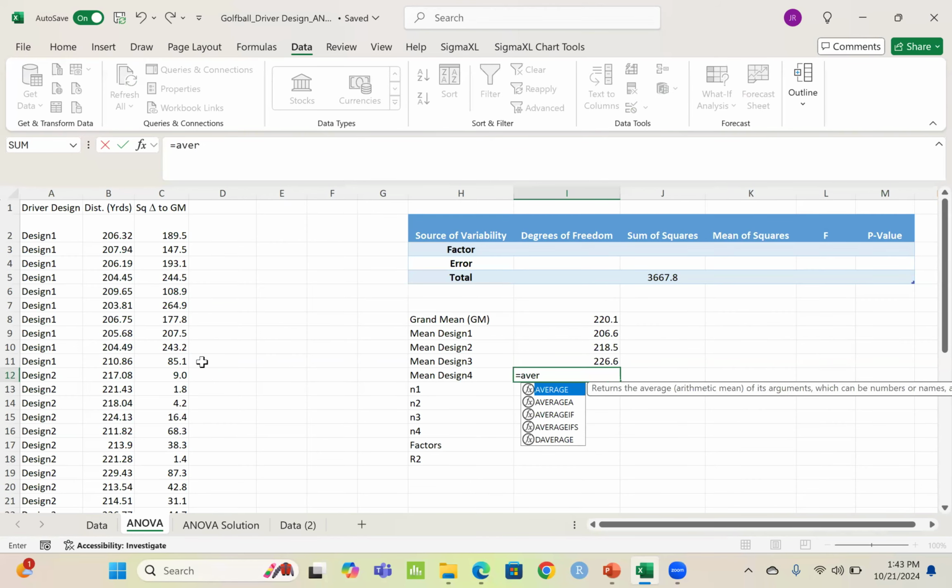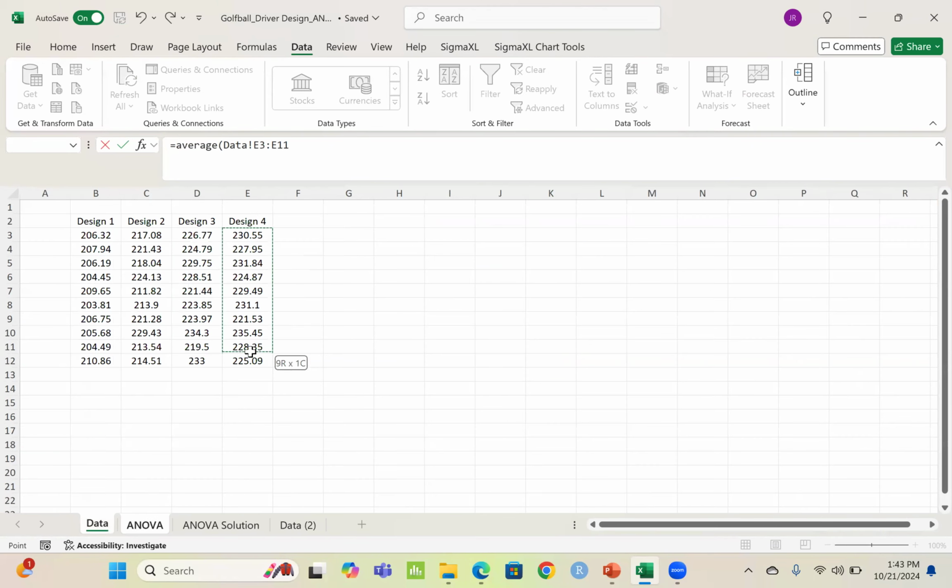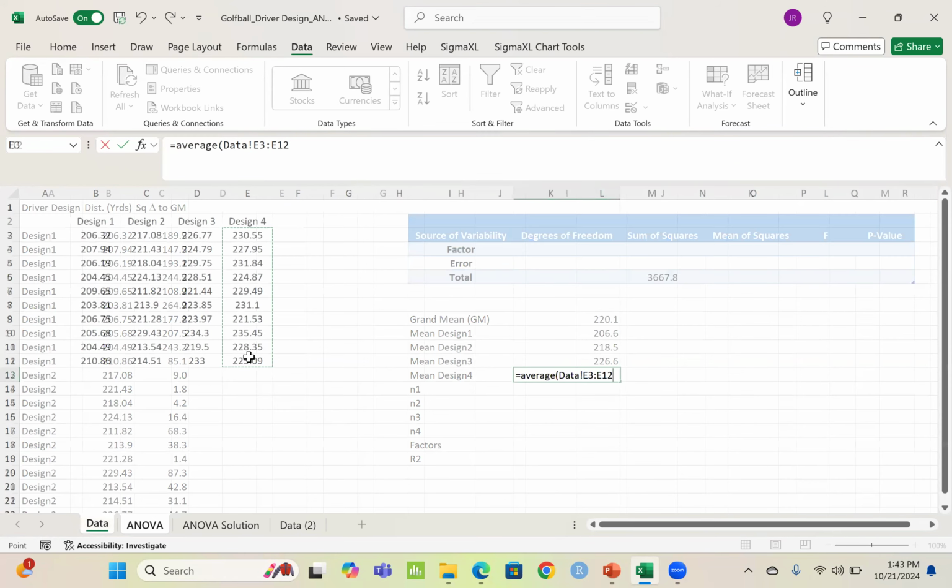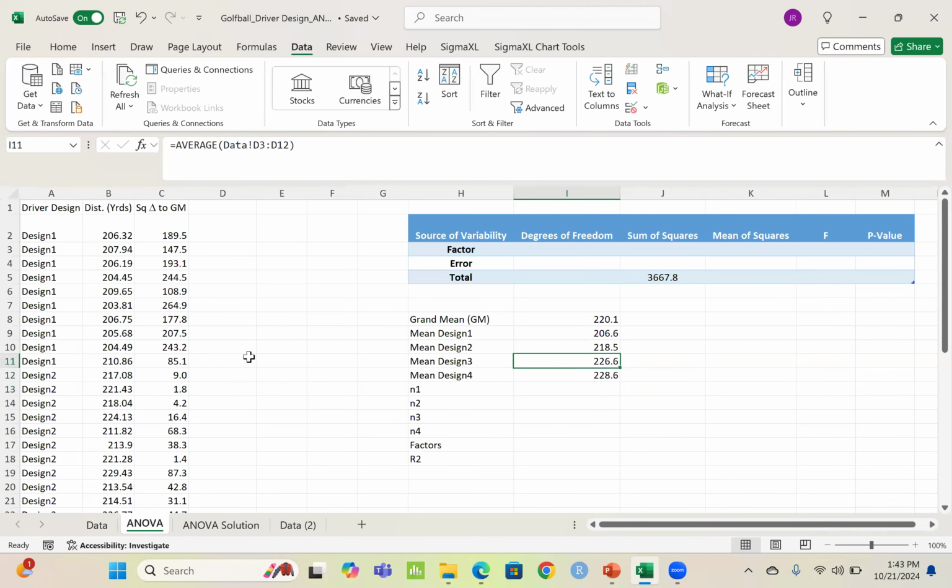And here will be the average for the mean of this fourth design that I have over here. So these are my four group means. This is the mean of design one, the mean of design two, the mean of design three, and the mean of design four. As you can see, we are already noticing that these means are different.